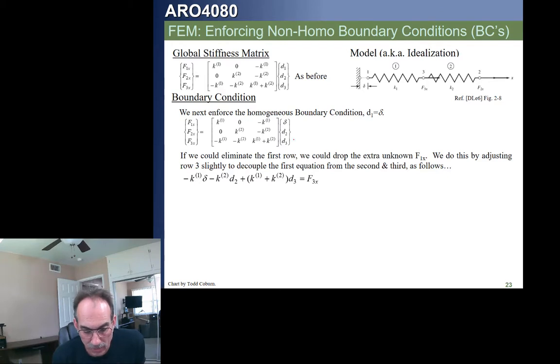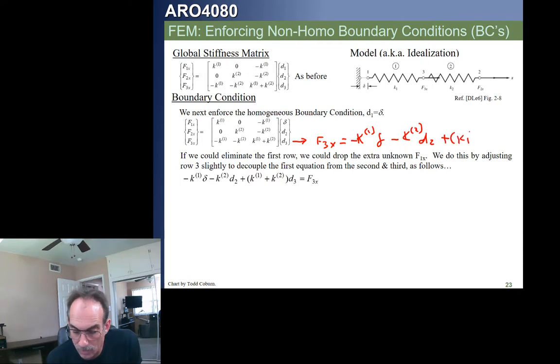If we look at our third equation, we could see that f3x is equal to minus k1 times delta minus k2 times d2 plus (k1 plus k2) times d3 equals 0. F3x equals all this. Okay.